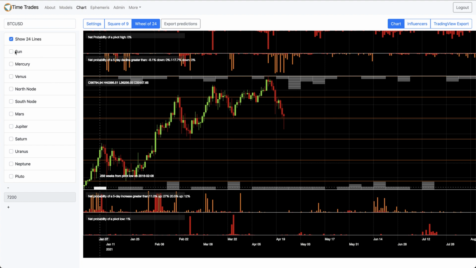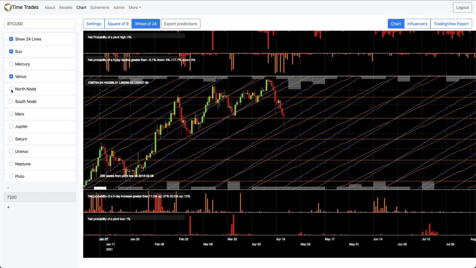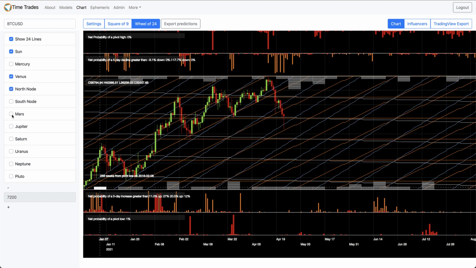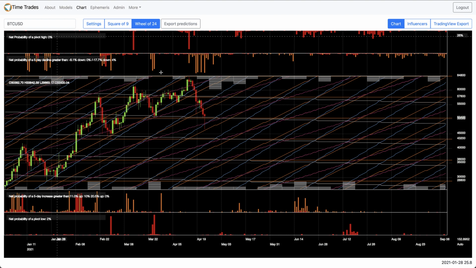So we've got 24 lines turned on, and we're going to show the Sun, and we're going to show Venus and the North Node and Mars. Okay, so what is this adding to our analysis here?